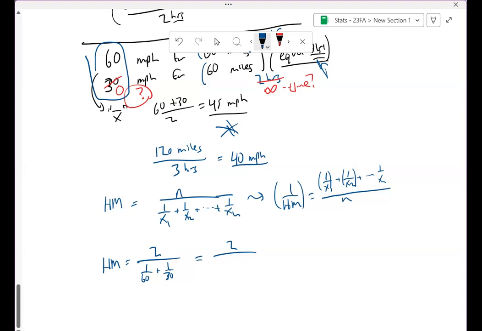In the denominator, I want a common denominator of 60, so that's 1/60th plus 2/60ths over 60. So that gives me 60 times 2 over 3 when I flip the fraction of the denominator. 120 over 3 is 40 miles per hour. And that does mesh with what I would expect.